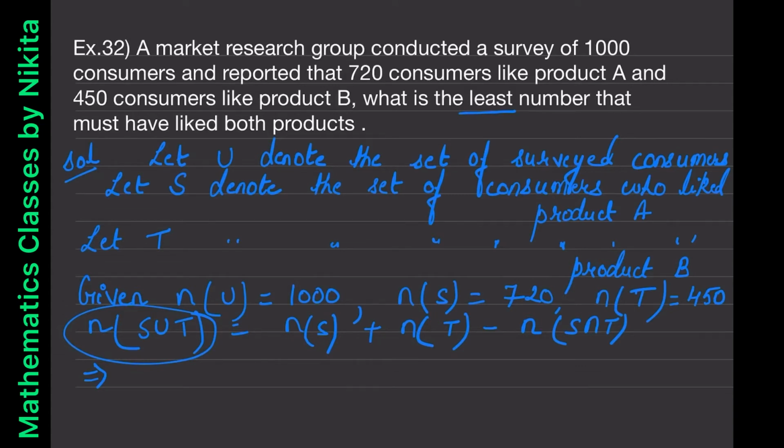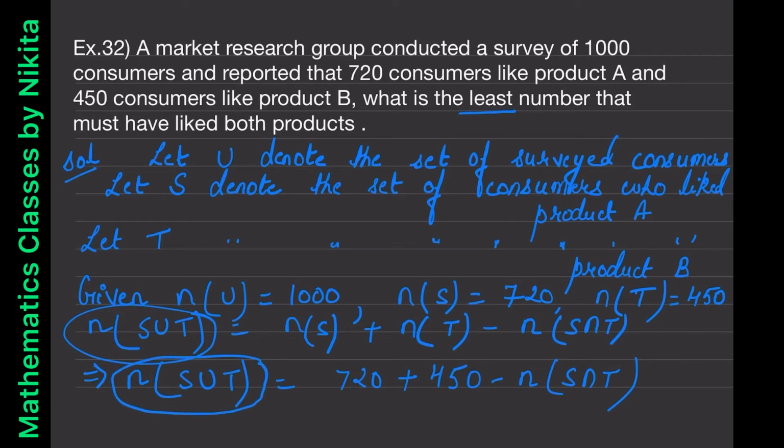So this implies that N of S union T is equal to 720 plus 450 minus N of S intersection T. Now note one thing, that your left hand side is equal to 720 plus 450 minus, so here since there is a minus sign, therefore the number of elements in S union T is maximum when this thing is minimum, because here there is a minus sign. So because here there is a minus sign, therefore the number of elements in S union T will be maximum when number of elements in S intersection T is least or minimum.